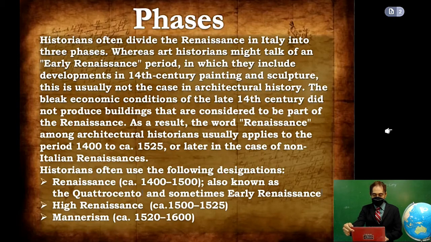Historians often use the following designations: Renaissance 1400 to 1500, also known as the Quattrocento, and sometimes early Renaissance period, and in between the High Renaissance, and the third phase is about Mannerism, sometimes called the late Renaissance period.